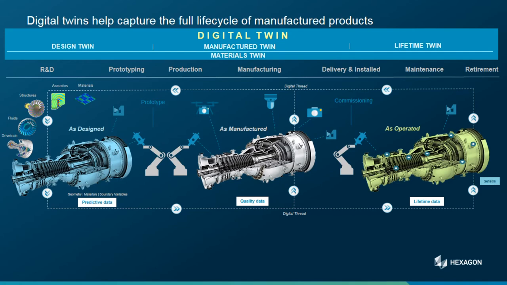And once the product is actually being used until its retirement, we then have this notion of lifetime twin. And with these different digital twins, we are able to capture information from the real world to feed the virtual world and improve the predictivity.